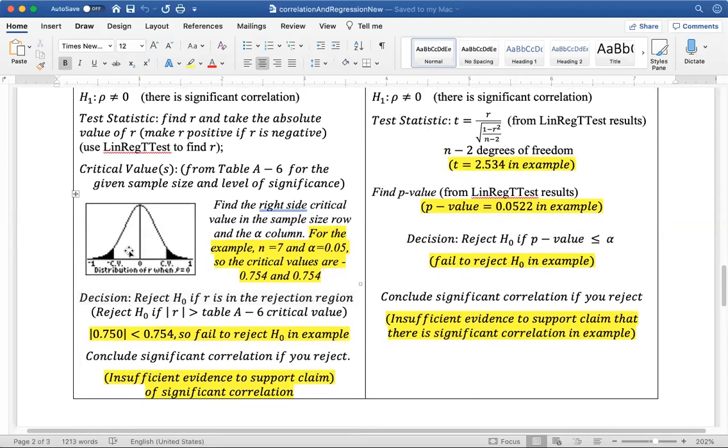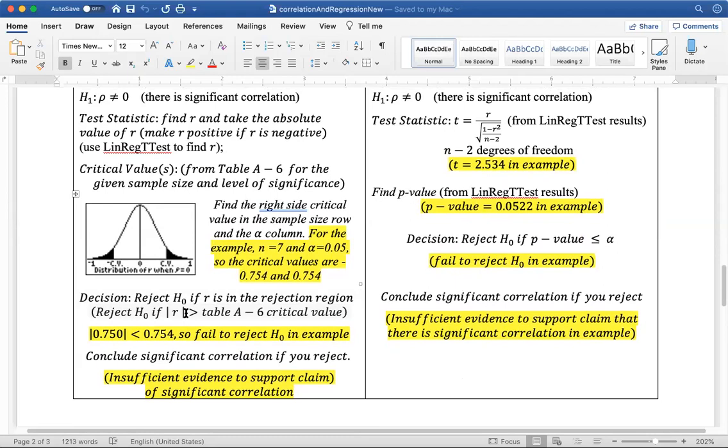Since this is a two-tailed test, we might end up with an R that is negative or an R that is positive. We're not going to worry about whether we are looking on the left or the right. Notice that in table A6, all those critical values were positive. All we're going to do is use the absolute value of R and compare it to the critical value.